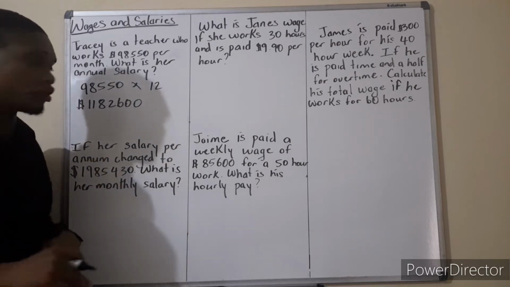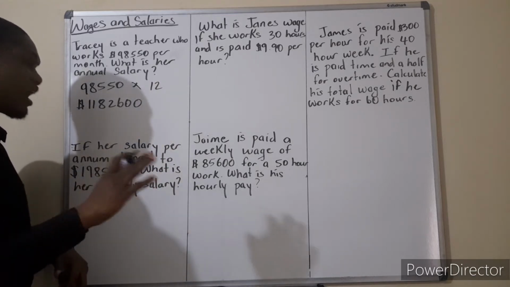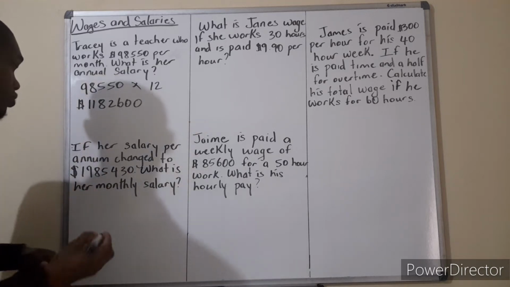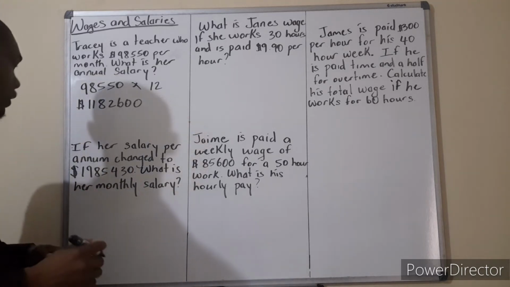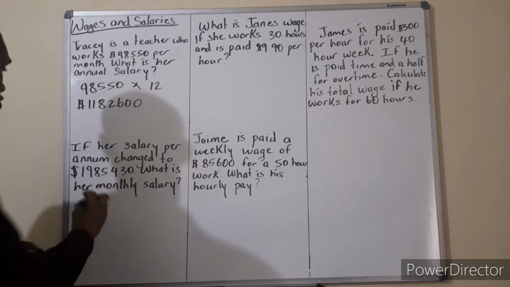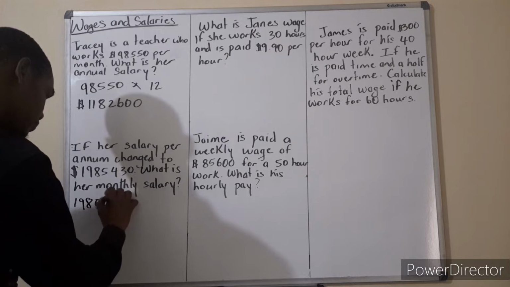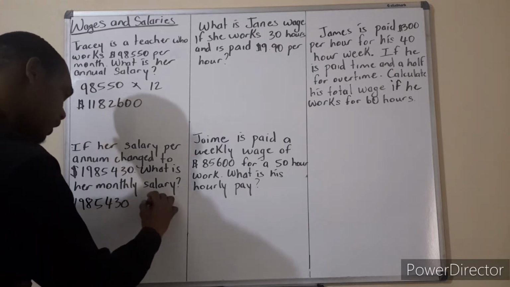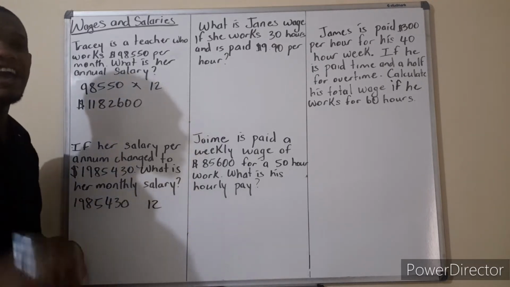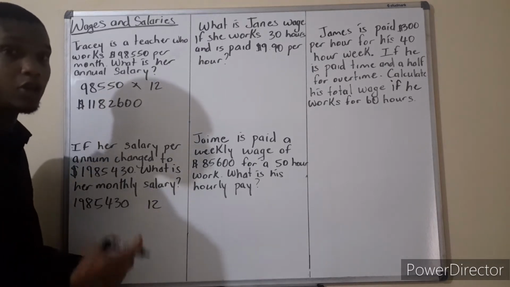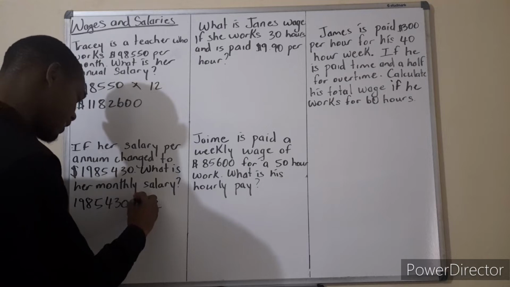On the other hand, now, it says if her salary per annum changed to $1,985,430, what is her monthly salary? So now you're given the salary at the end of the year, and you're required to find the salary for every month. So the fact that you got it per year and you need it now per month, you will divide it.